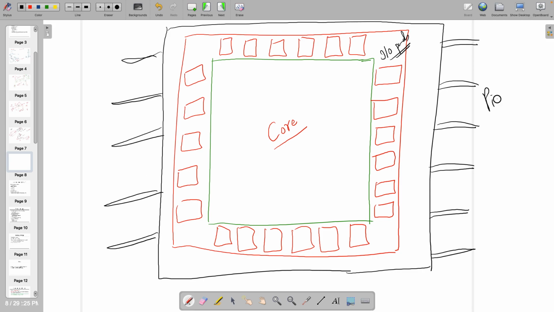So these are the pins. They might be on all four sides also, right? And they are connected to this with something called bonding wires. And by the way, the whole thing, the black color, is known as the package.